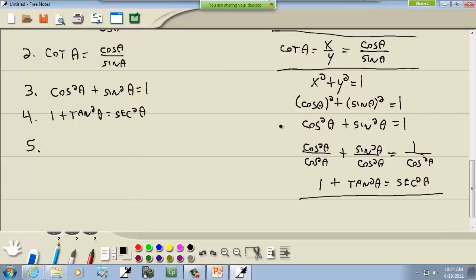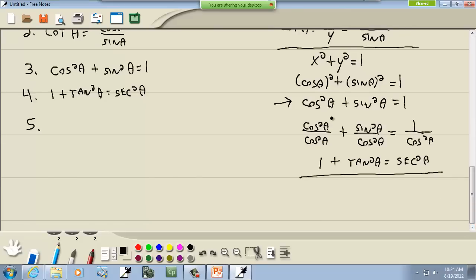And if I go back to this formula right here, and I divide everything by sine squared, we would have cosine squared over sine squared plus sine squared over sine squared is equal to 1 over sine squared.